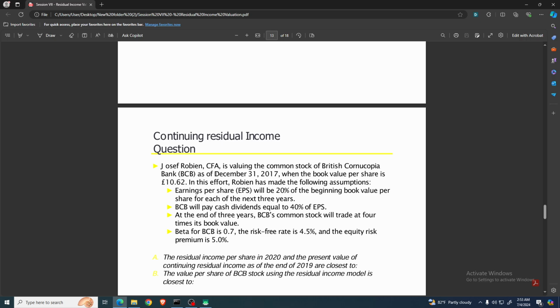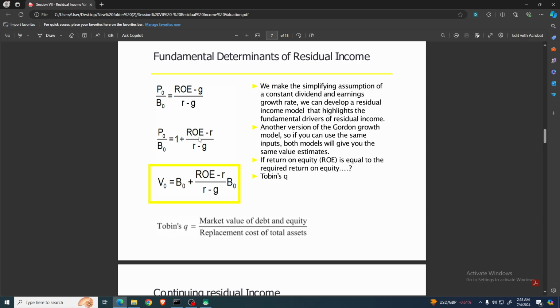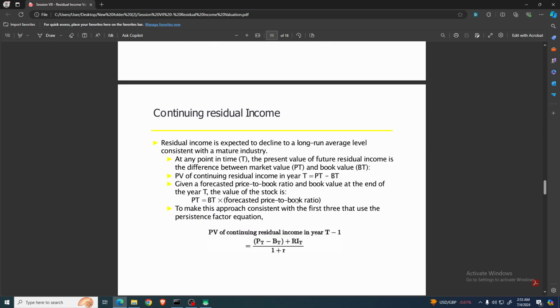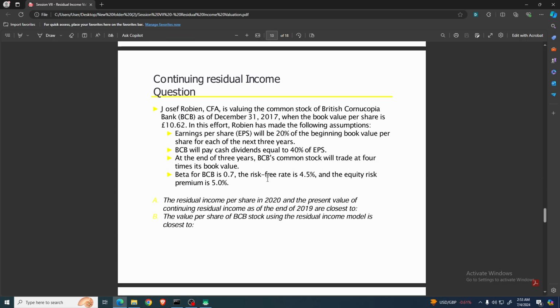But before that, we need to understand one key missing factor. If you look closely here, one of the required determinants, the required rate of return r, cannot be found here. So you need to calculate that.